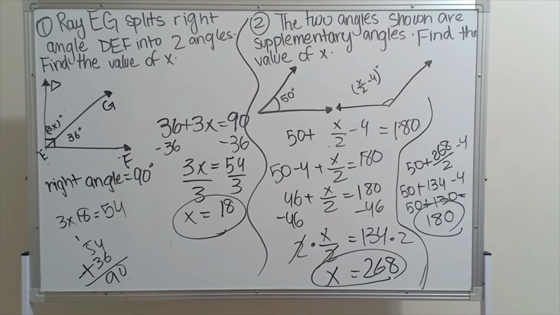So this is our answer for the second question: x equals 268. One thing you need to keep in mind is that supplementary angles have a sum of 180 degrees and complementary angles have a sum of 90 degrees.